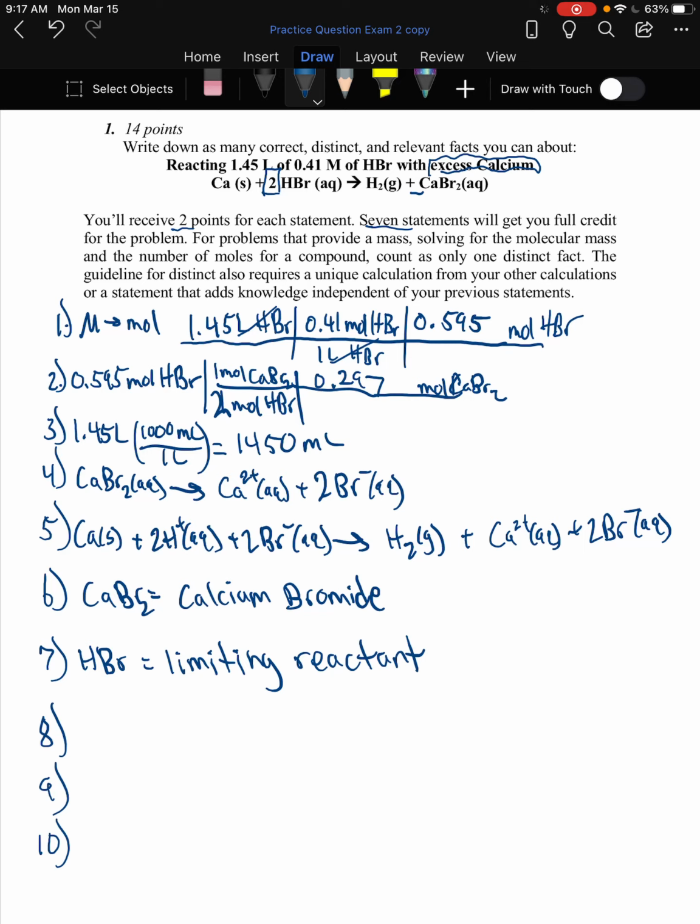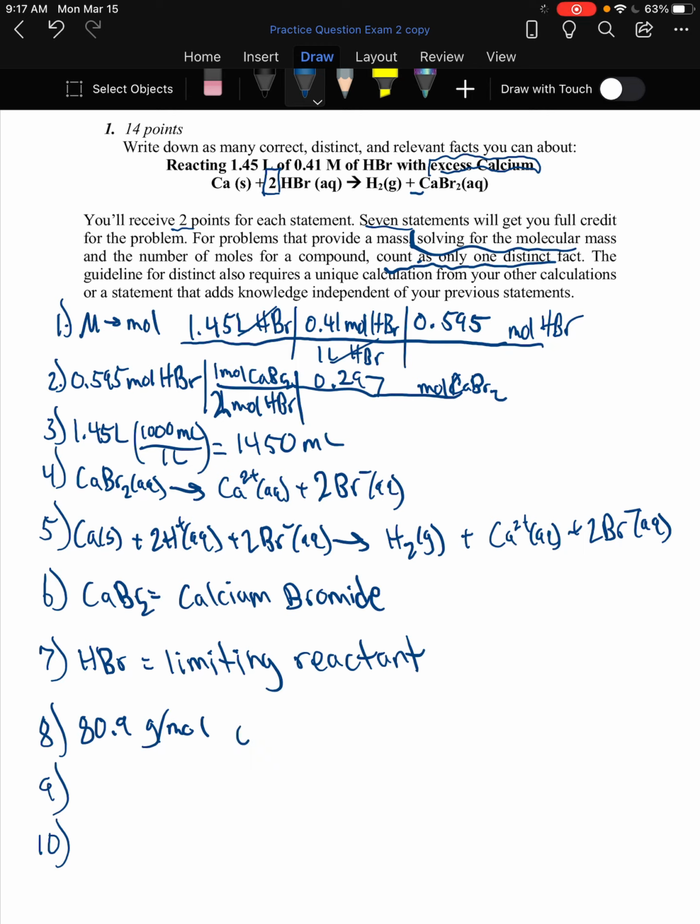So therefore, the overall molar mass of HBr is 80.9 grams per mole. And then remember, if you're solving, for example, the grams of something, and you're using the molar mass, those things only count as one distinct fact.